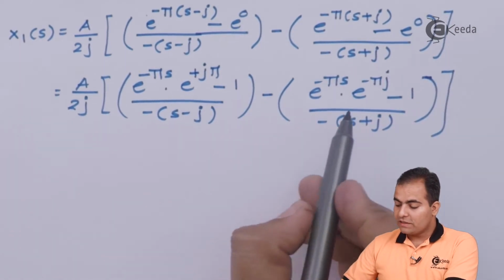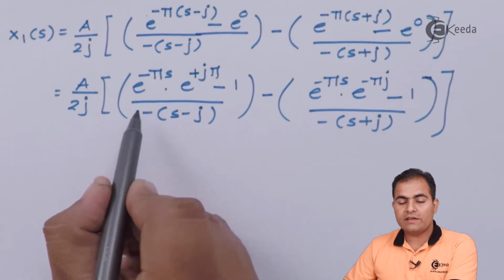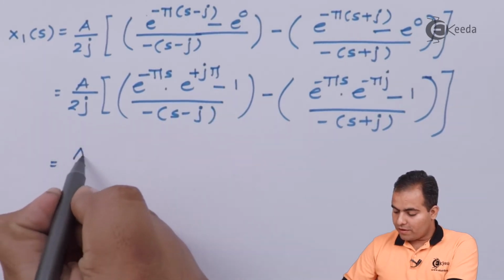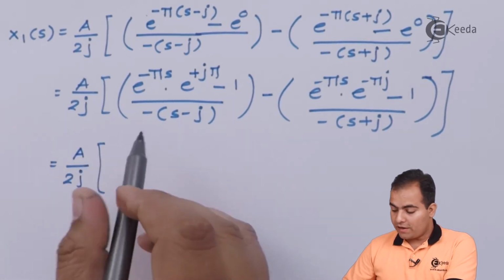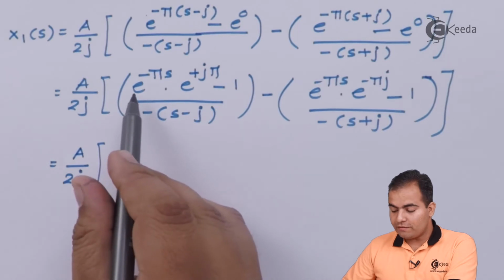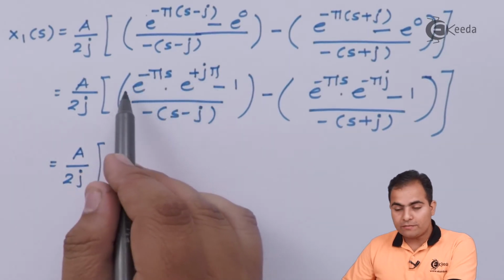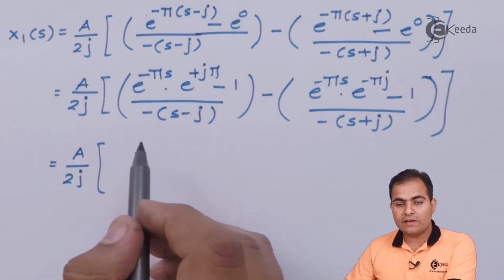Now my suggestion is just multiply numerator and denominator by minus sign, so that the denominator minus sign will get cancelled. After multiplying minus sign in the numerator and the denominator, what you will get? This whole product becomes minus, but this minus one will become plus, and the denominator sign will get cancelled.